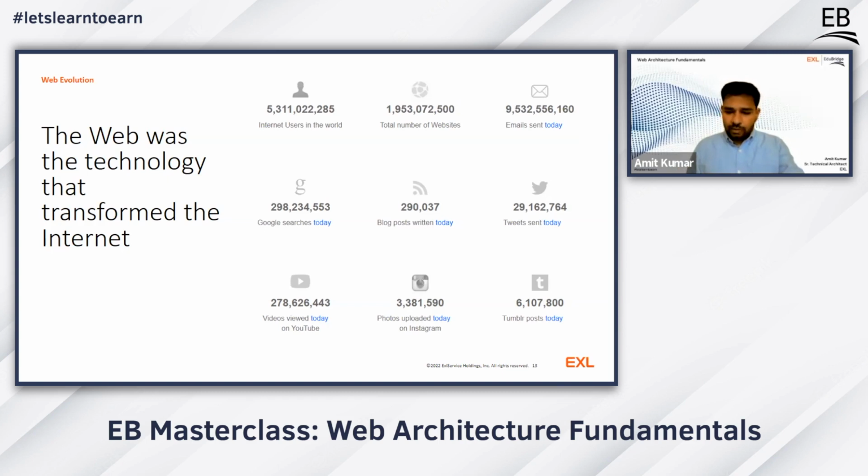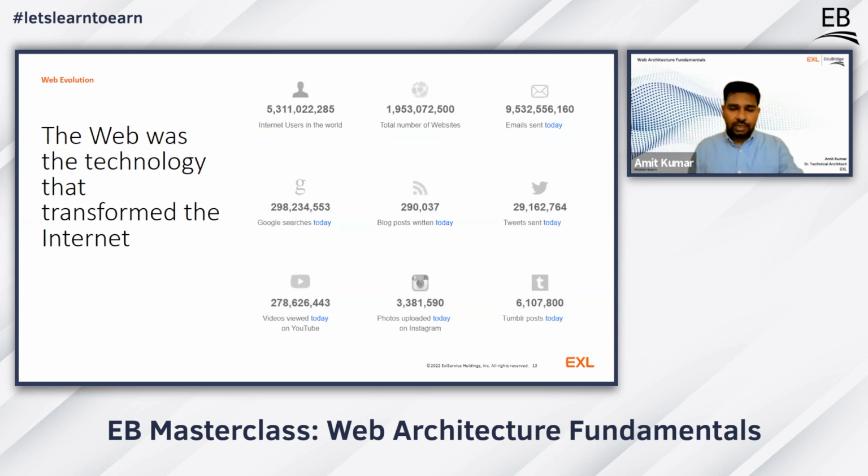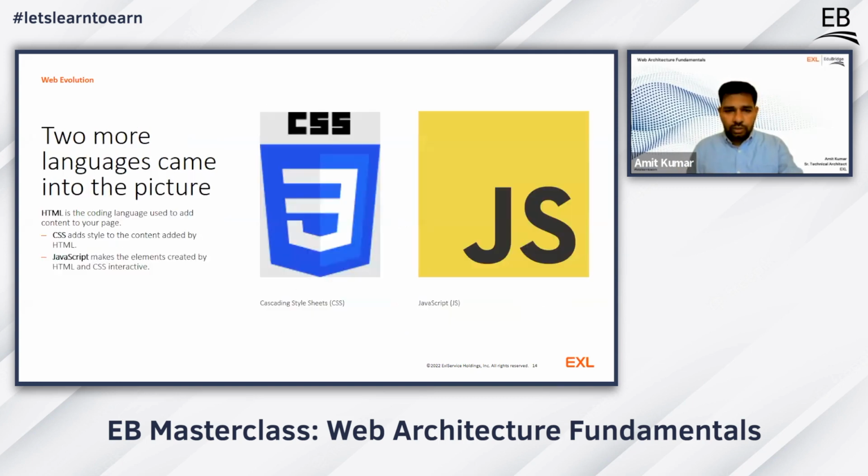As we were talking about how we came from almost zero to this state, and HTML was not capable enough, around 92 or 93 they came up with two languages, CSS and JavaScript.